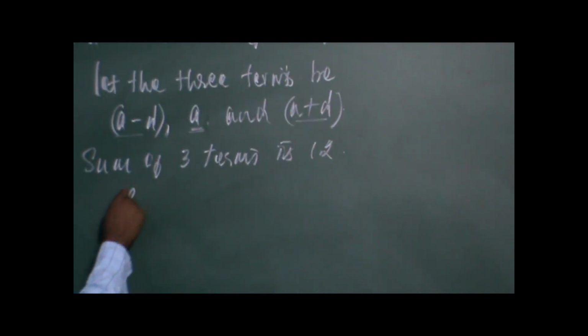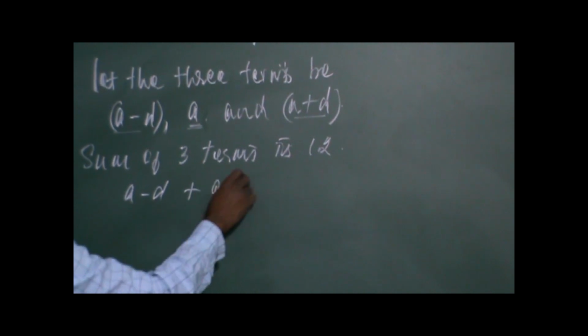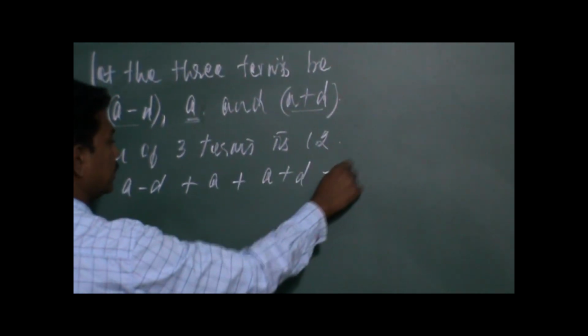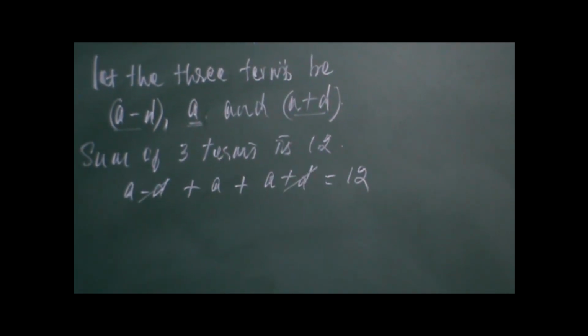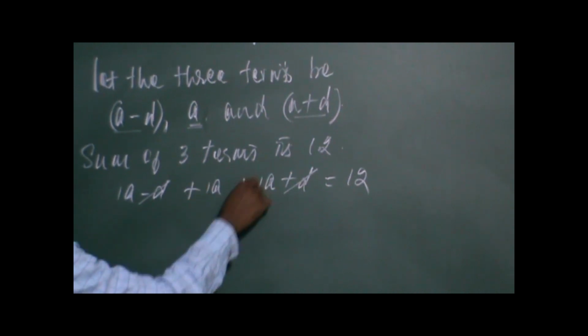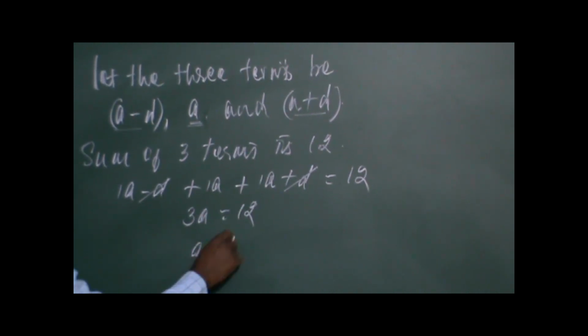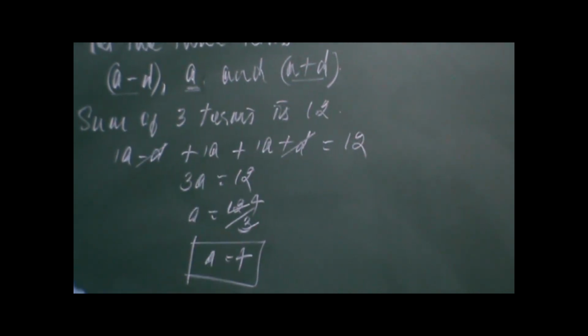So this can be taken as a minus d plus a plus d is equal to 12. So minus d plus d cancels. 1a plus 1a plus 1a is 3a is equal to 12. A is equal to 12 by 3. 3 ones are 3, 3 fours are 12. A is equal to 4. So already we have got the middlemost term, that is 4.